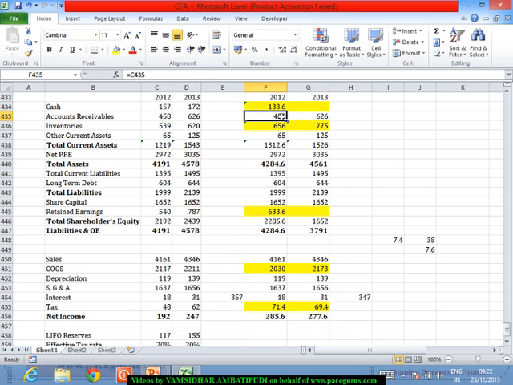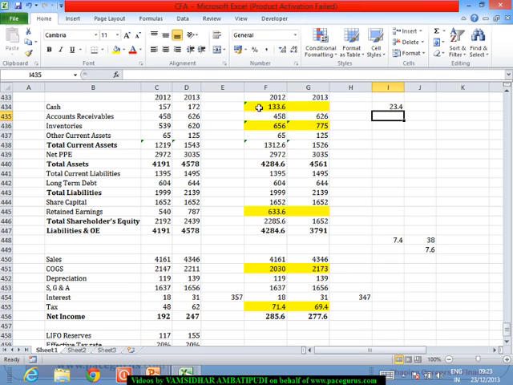So finally my cash is down by the extent of 130, I mean from 157. If I had used LIFO, my cash was 157, but if I am using FIFO, the cash has become 133.6, which is nothing but a drop by the extent of 23.4.